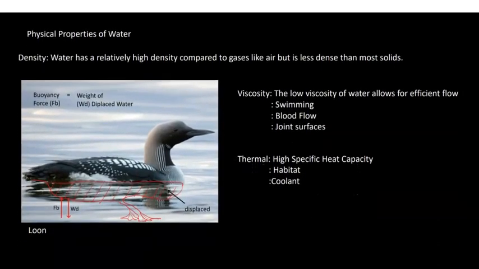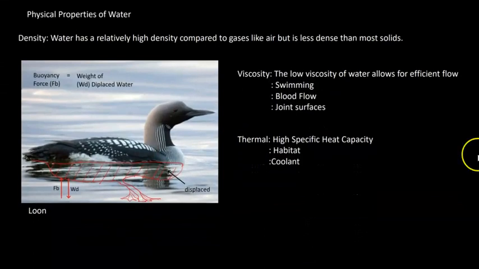Further properties that we'll come across are things like the property of buoyancy. So here we have a loon. This bird is called a loon. It's a species of bird which lives on lakes. And of course, like many such animals, they have the capacity to float on the lake surface.